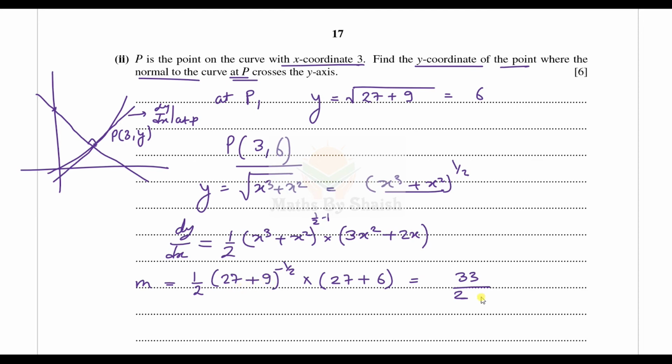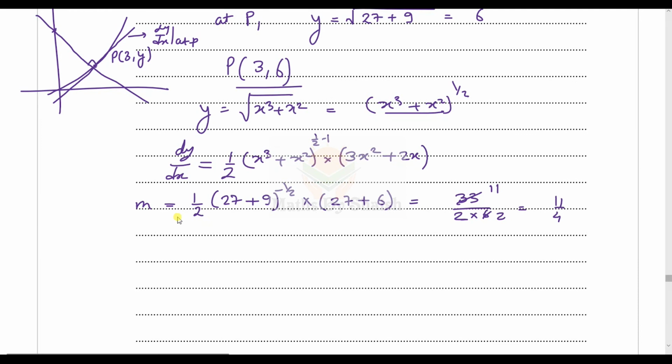Cancelling by 3, 11 times and 3 two times, it becomes 11 over 4. So the gradient of the tangent is 11 by 4.